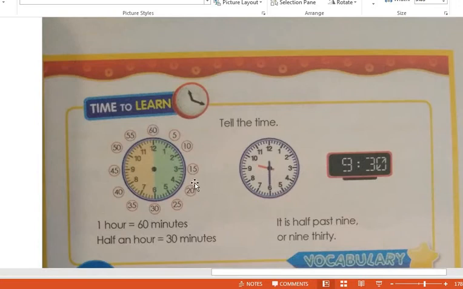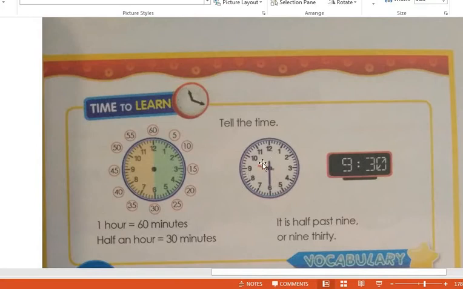Okay, so I want you to know that a whole hour is 60 minutes. 1 hour equals 60 minutes. So half an hour is 30 minutes. So here, what time is it?